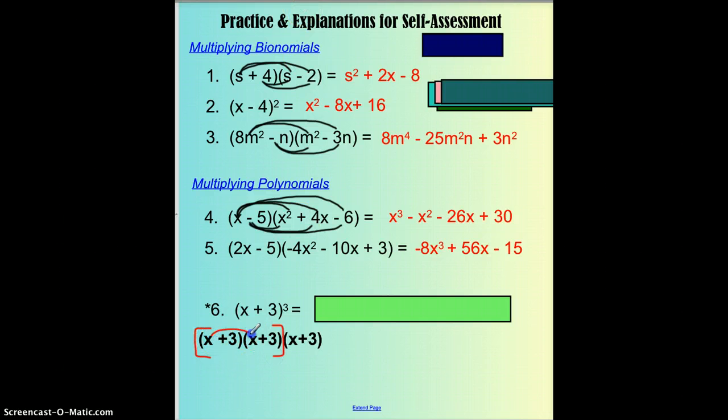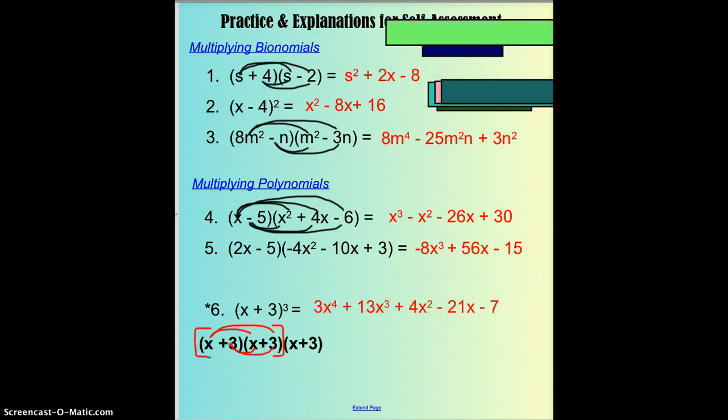So start with x times x and x times 3, and then 3 times x, and then 3 times 3, and then take your answer and multiply that quantity by your last remaining x plus 3. Now this is a challenge problem, but if you would like to reveal your answer, it should be 3x to the 4th power plus 13x cubed plus 4x squared minus 21x minus 7.